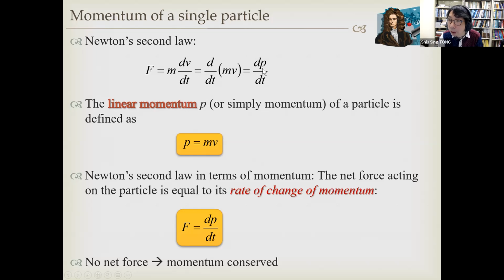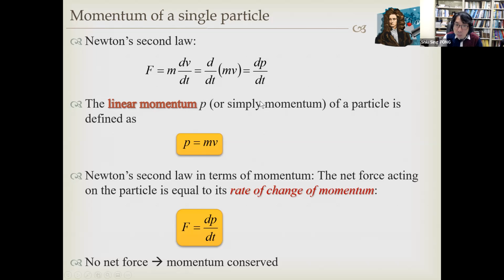We call the combination mv the linear momentum, or simply momentum. We emphasize it is linear momentum because when we talk about rotation, there is another kind of momentum associated with rotation, called angular momentum. So the linear momentum is defined as mv.